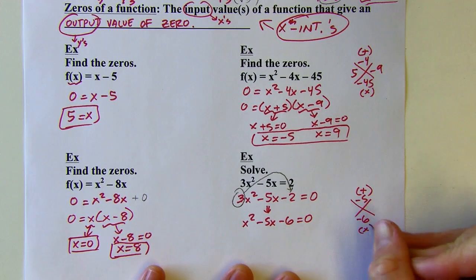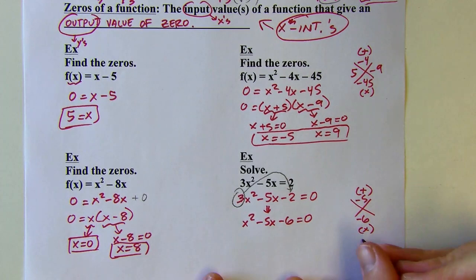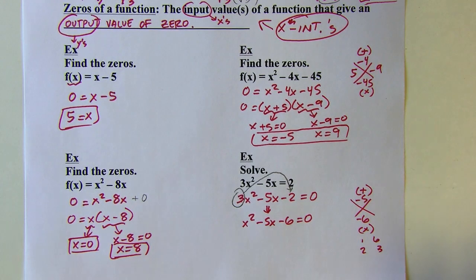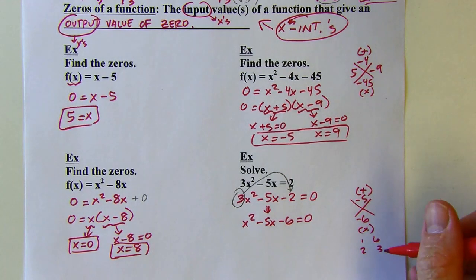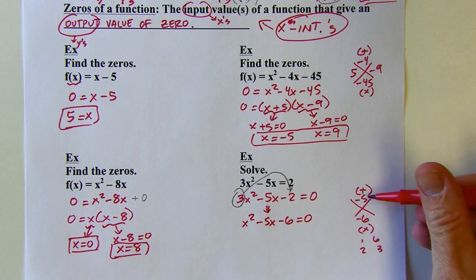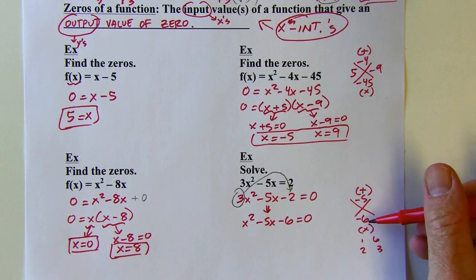Multiplying, you can do 1 and 6 or 2 and 3. Now, one of them has to be positive and one has to be negative. So it's tempting to use the 2 and the 3, but both of them would have to be negative to get the -5, and then it wouldn't work for the multiplication.